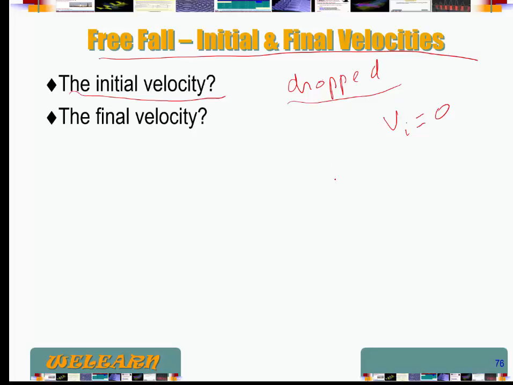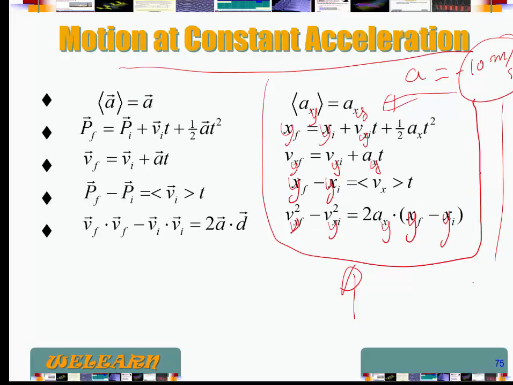If it is something that is thrown, tossed, or something similar, then they might tell you what the initial velocity is, or they might ask you to find it. If they ask you to find it, we have the equations here. That's what you need to use to find it.